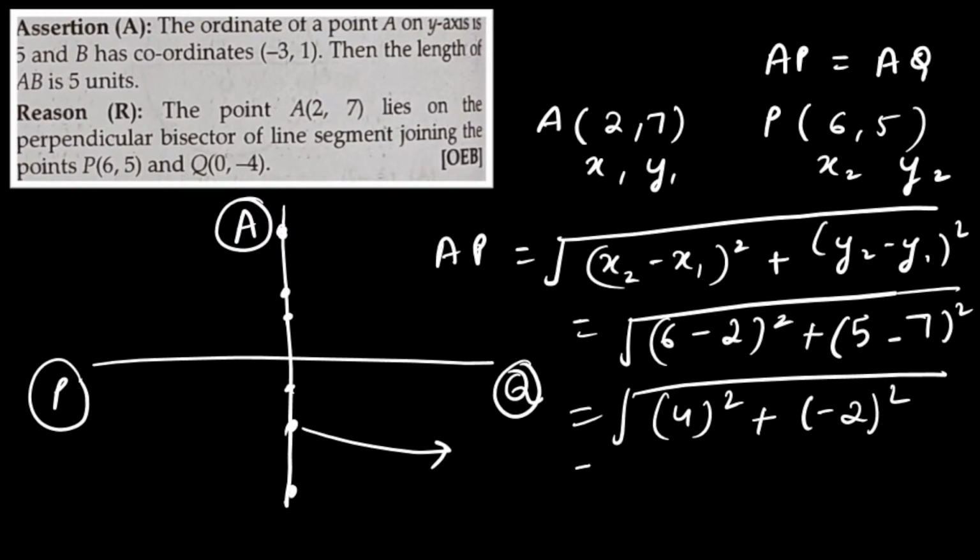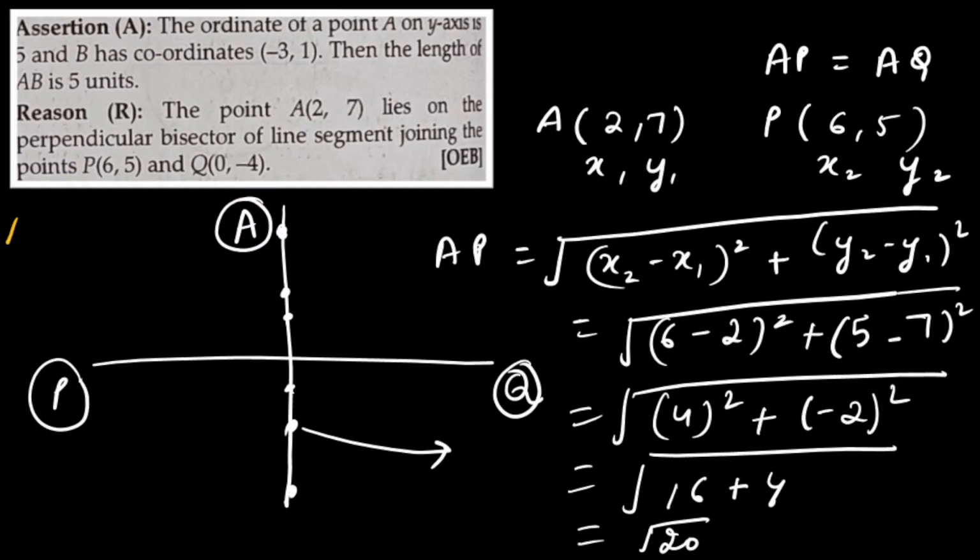So 4 squared is 16, plus the square of a negative is positive, so 16 plus 4 is 20. So square root 20. AP we have found is square root 20.